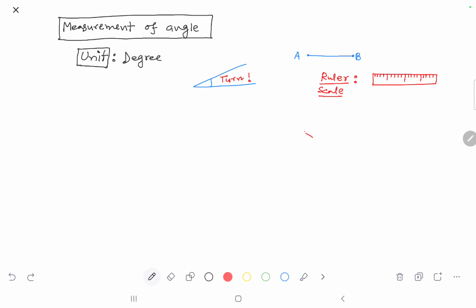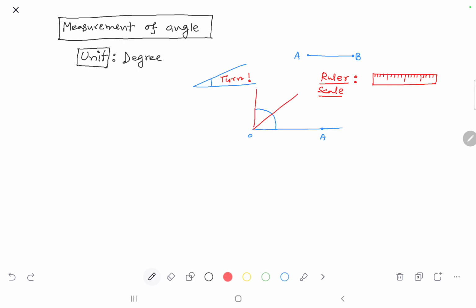Right, Muhammad? So basically, if you think like this, you have a fixed line segment and a fixed ray OA, and another ray that turns around it.